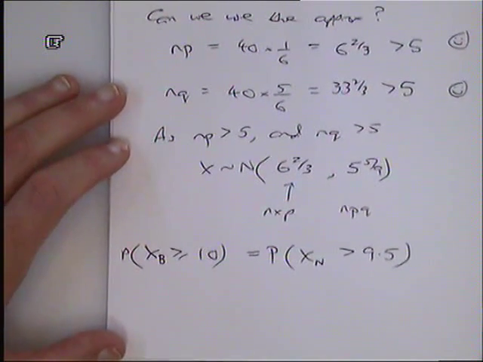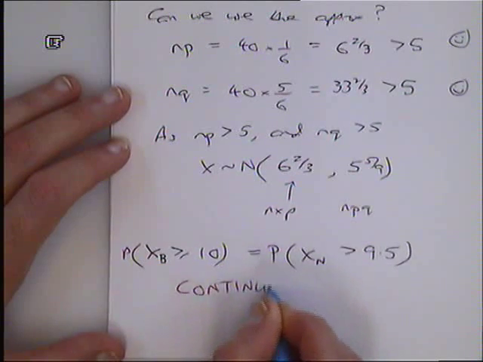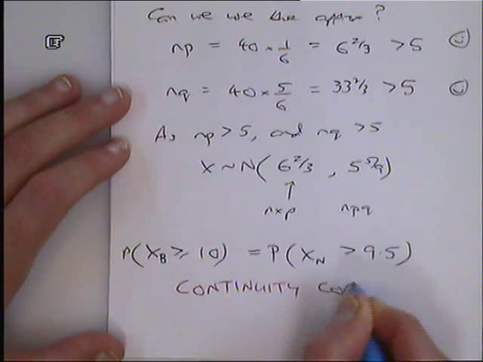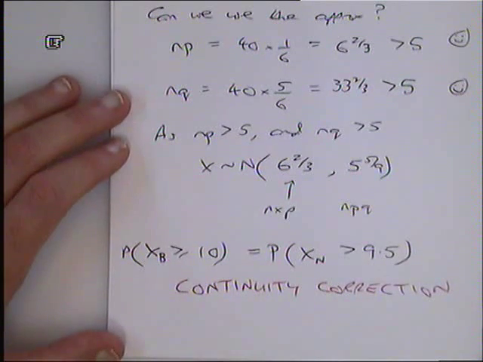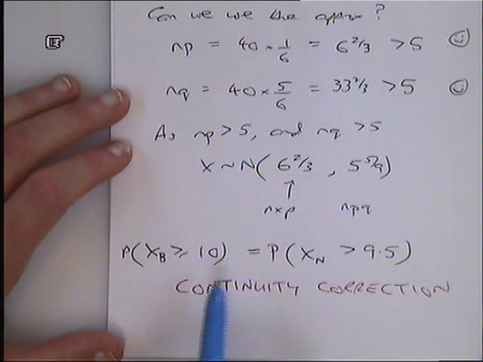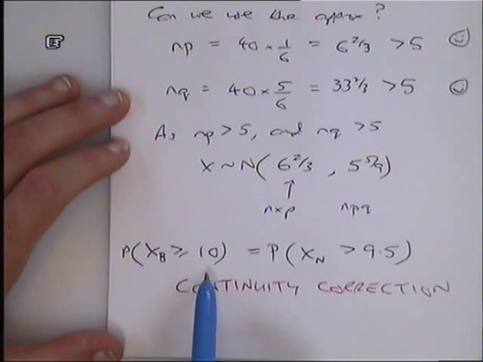So, what we have done here is we have used what's called the continuity correction. And you do need to be careful here how you use it. It will always be 0.5 above it or 0.5 below it. Either 9.5 or 10.5.